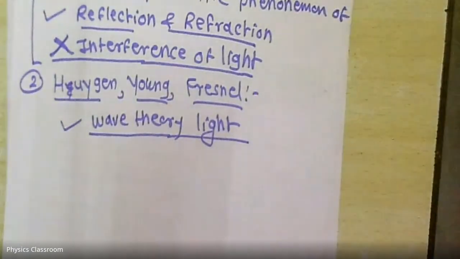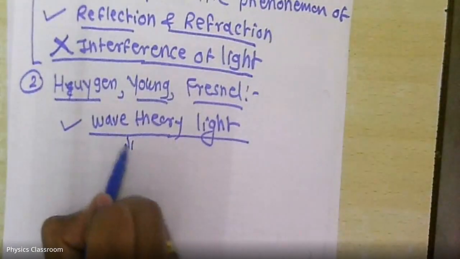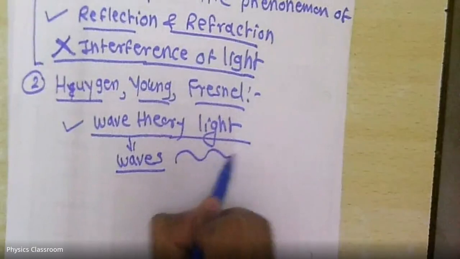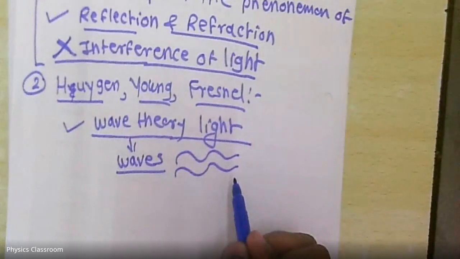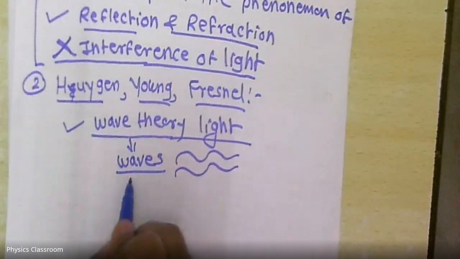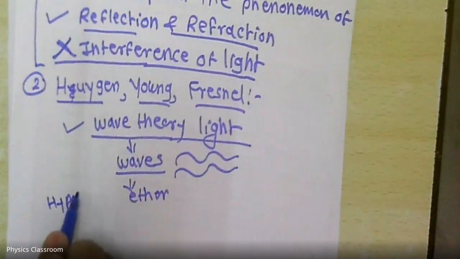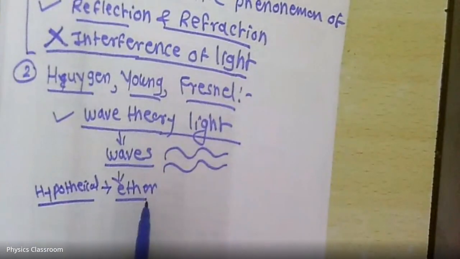According to the wave theory of light, light propagates in the form of waves, just like waves, in a hypothetical medium called ether.